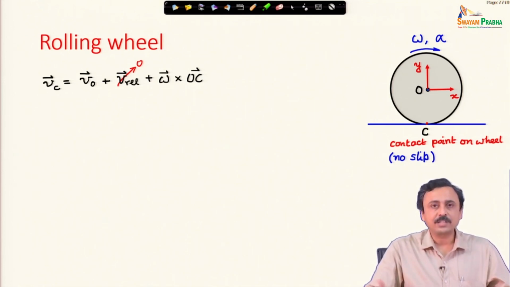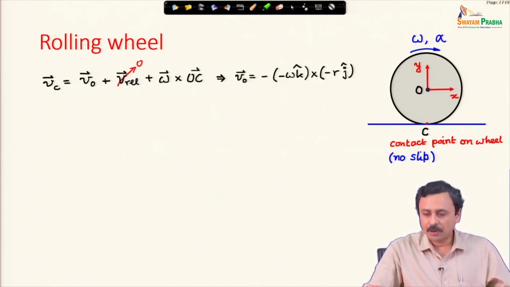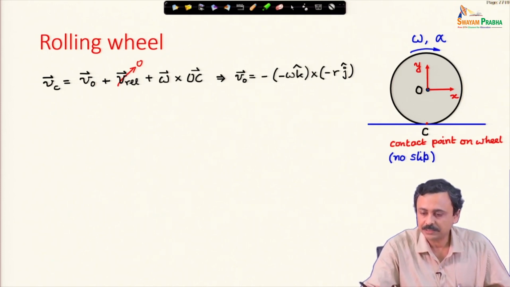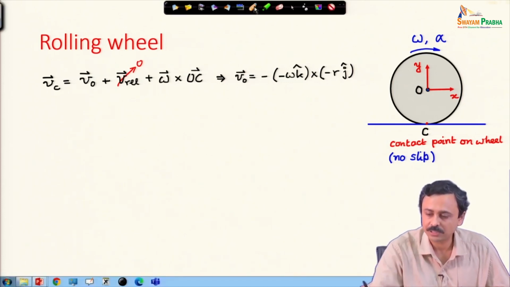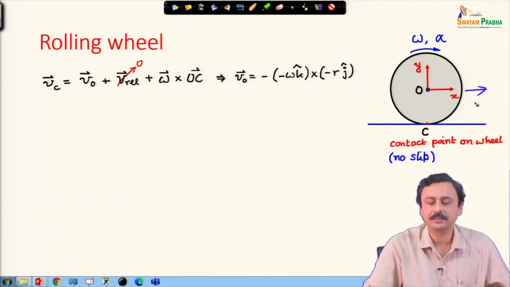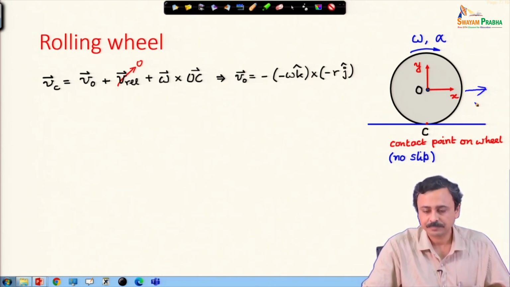Now, I can use this xy frame to represent everything. You see the xy, x is in the direction of motion, therefore, the velocity of the wheel is like this, it is moving in this direction.